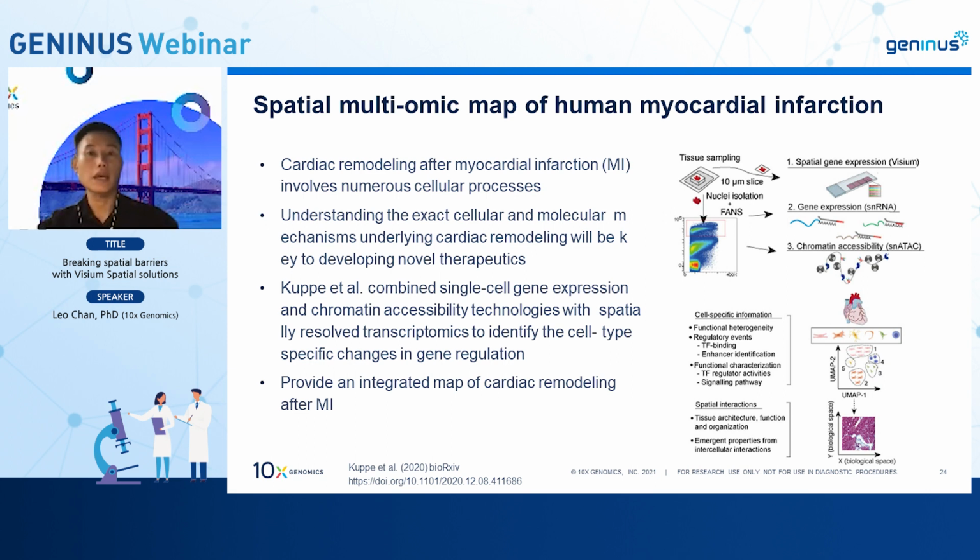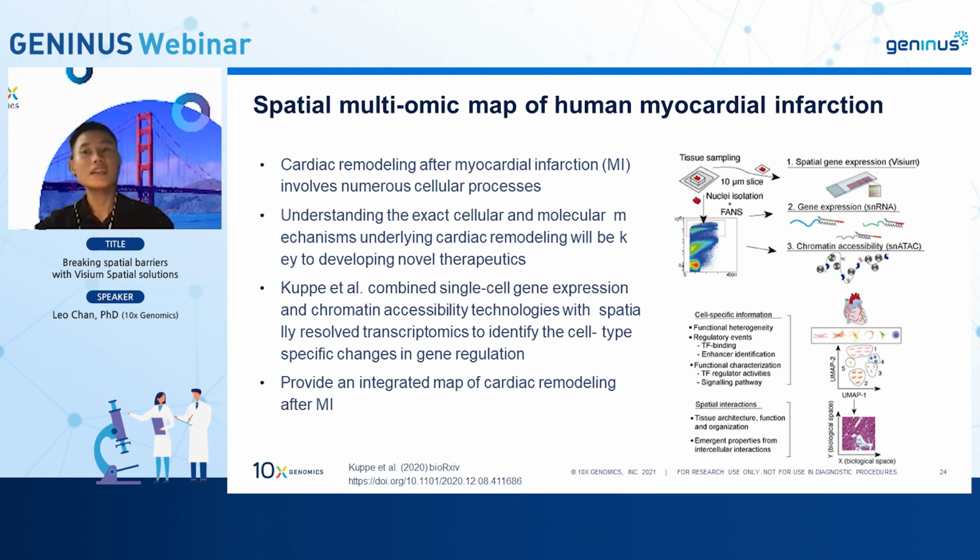Cardiac remodeling after MI involves immune cell recruitment and demarcation of the infarcted area, followed by tissue digestion, phagocytosis, myofibroblast activation, scar formation, and the formation of new vasculature.